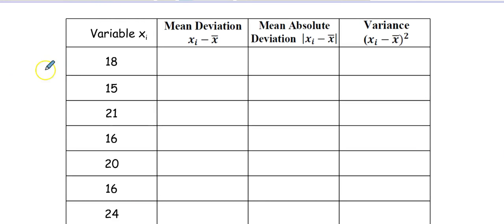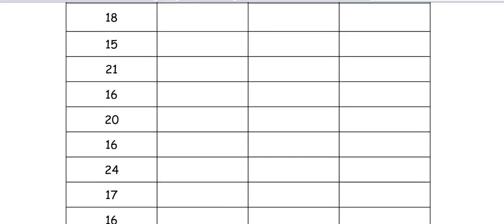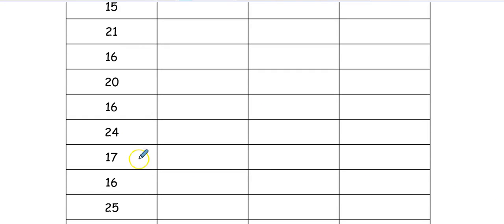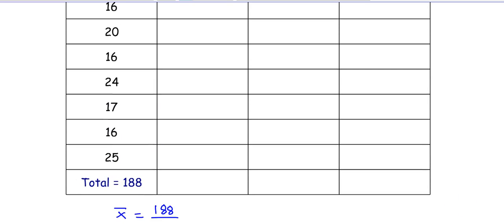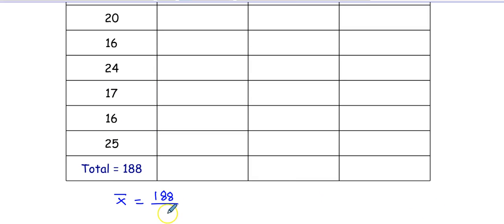Counting 1, 2, 3, 4, 5, 6, 7, 8, 9, 10, there are 10 items, that's why I divide by 10. 188 divided by 10 gives us 18.8. That is the mean of the given data values.